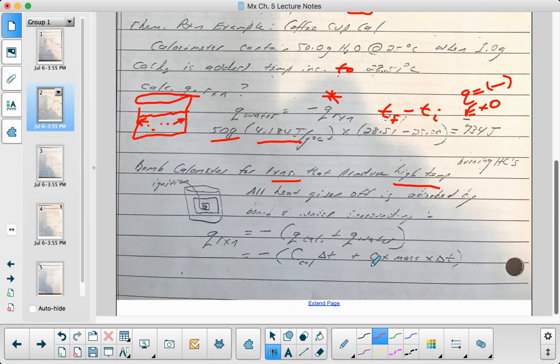So you not only include the Q of the water, but you also have to include the Q of the calorimeter, which would be the heat capacity of the calorimeter, including the mass of the calorimeter and the change in temperature. The change in temperature here is the same as the change in temperature here.